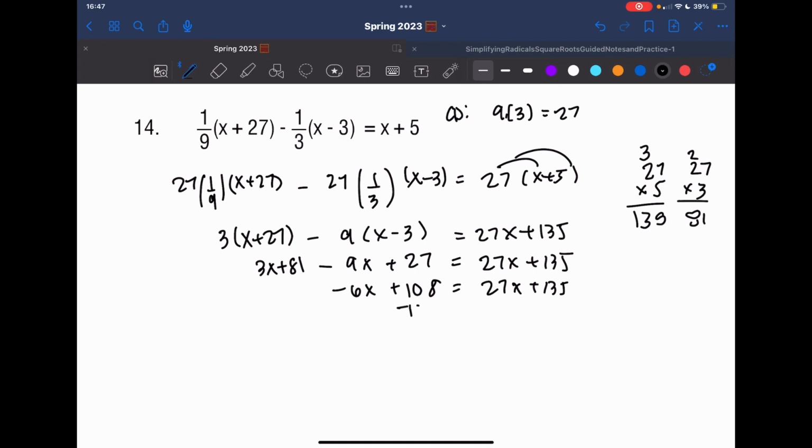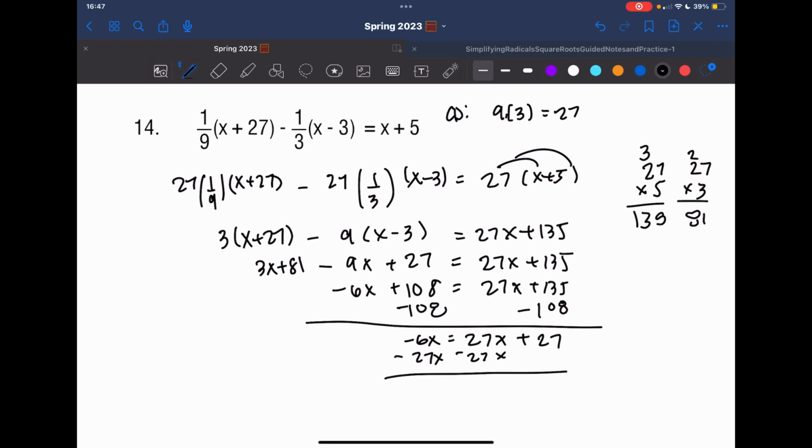We're collecting like terms, so minus 108 from both sides. Then you're going to get negative 6x equals 27x plus 27. Then you're going to subtract 27x from both sides. So then this is going to be negative 33.